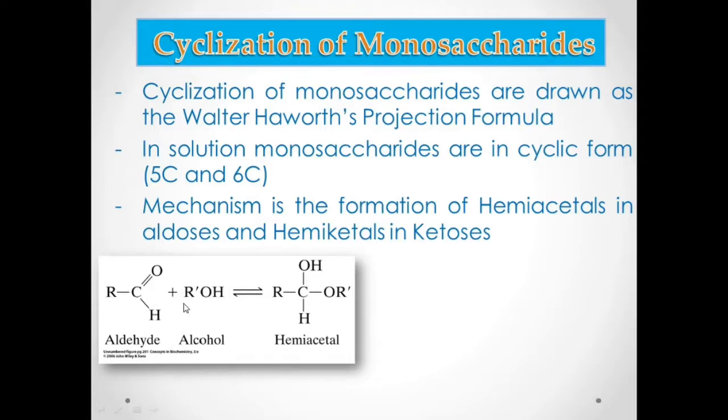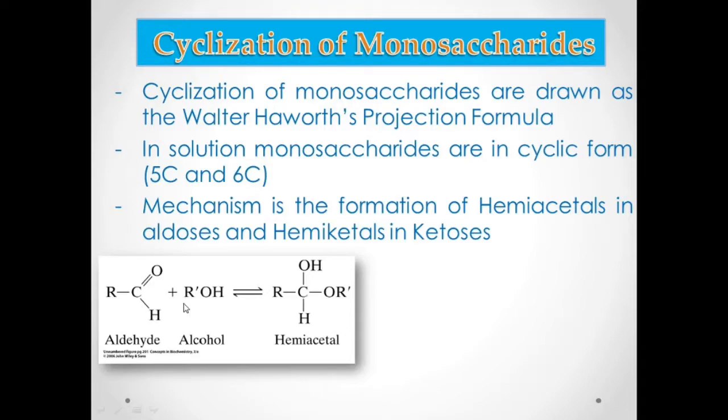Therefore your aldoses have the ability to form a hemiacetal, but in this case it's a self reaction, because it has its own aldehyde and its own alcohol, thereby creating a cyclic formation of a monosaccharide.